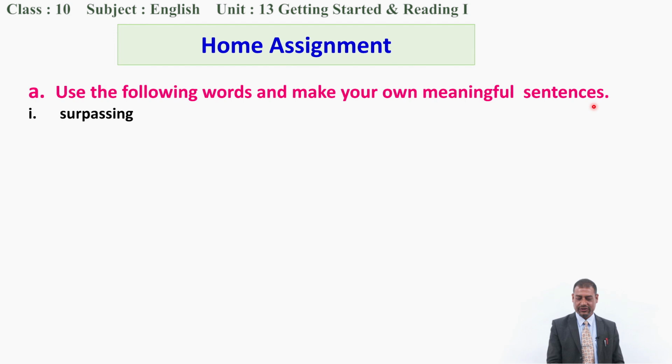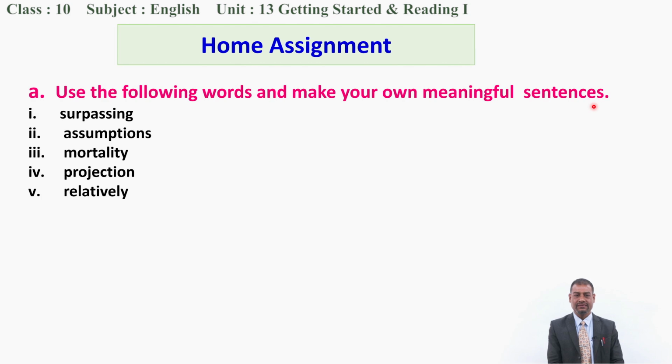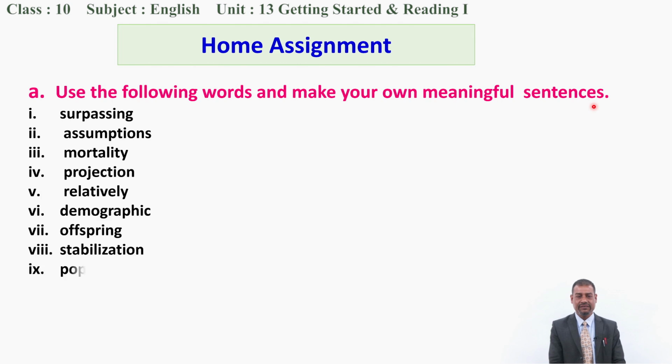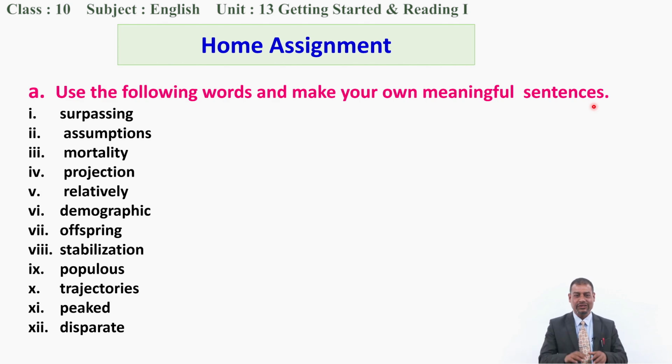So the words for you are surpassing, assumptions, mortality, projection, relatively, demographic, offspring, stabilization, populace, trajectories, peaked, disparate. Now you have to use these words in your sentences.